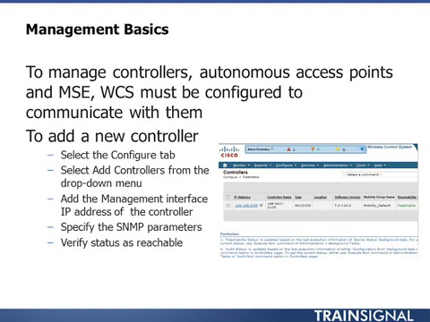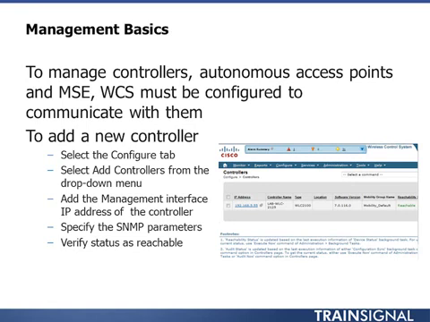So you'd select the Configure tab, and then over on the right where it says Select a Command, you can select from that drop-down menu Add Controllers, and you press Go, and then it will ask you information about the controller, and you would at this point in time key in the IP address of the management interface on that controller. It also asks you at that point in time the SNMP parameters.